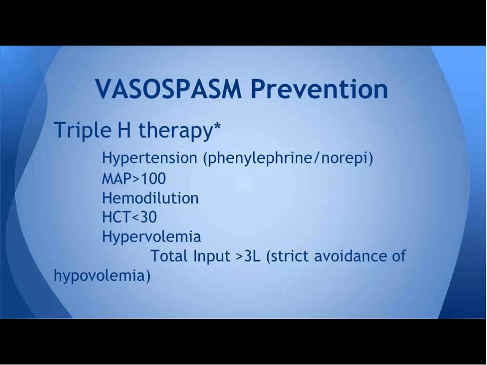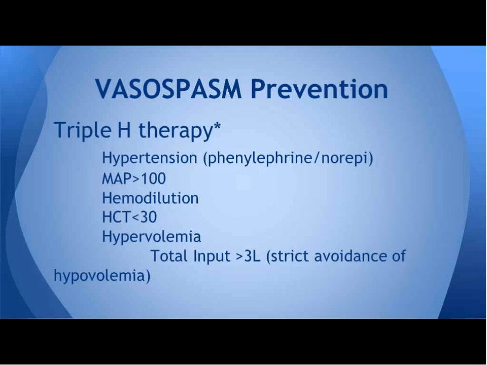You hemodilute, which is actually very easy to do in ICU as we phlebotomize our patients throughout their stay. And to find an ICU patient with a hematocrit greater than 30 is just a rarity. So there are no clear recommendations on how to get your patient hemodiluted. And then hypervolemia.